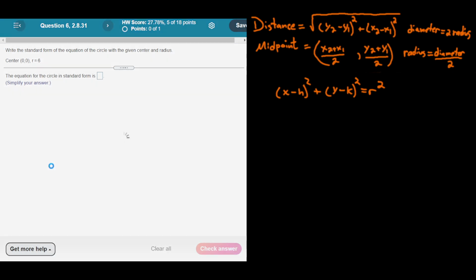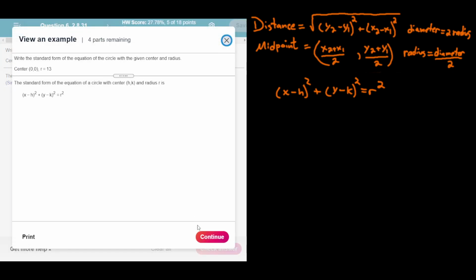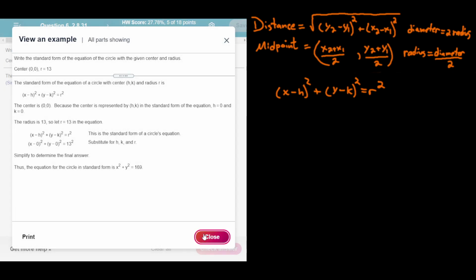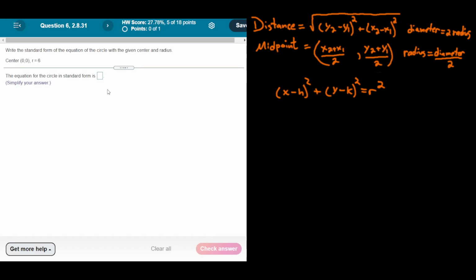Let me go to view an example. It probably has something a little bit better. Looks like they didn't quite give it to us this time. But we can get away with just using the center radius form for now. And plus, it's one less formula for you to memorize, right?